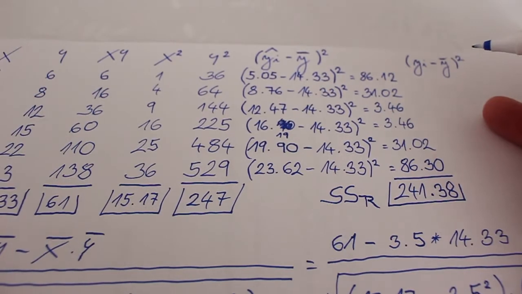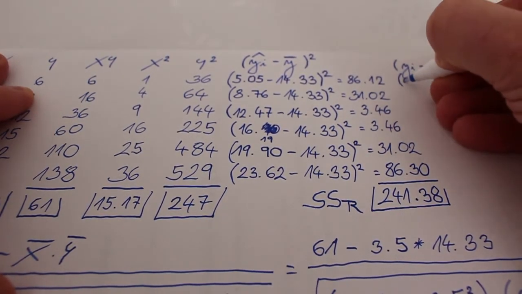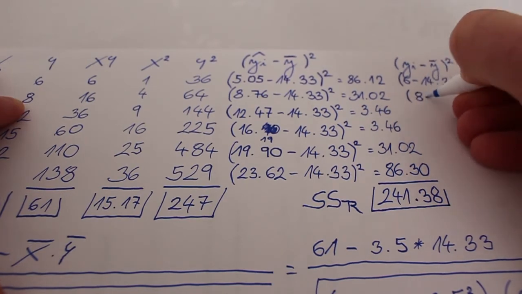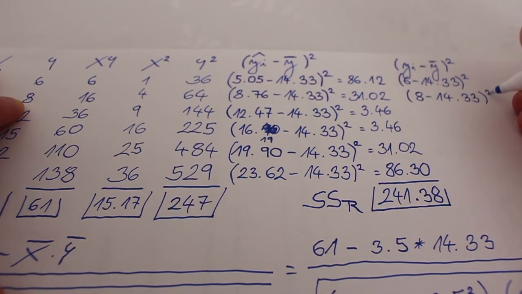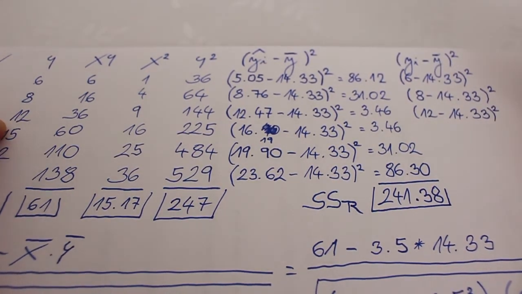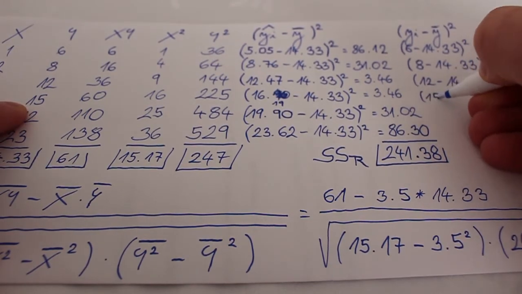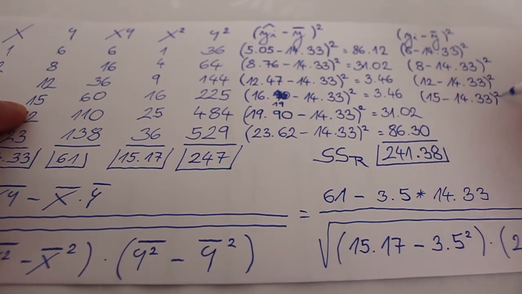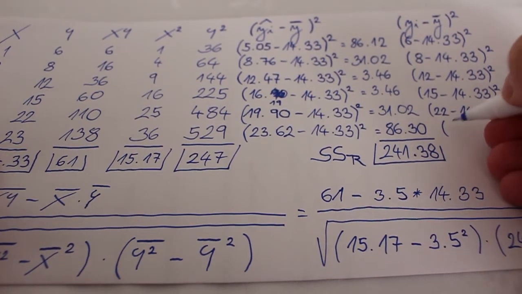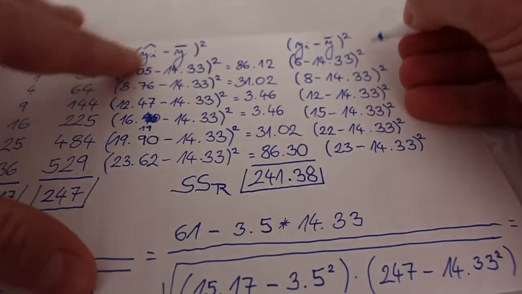So empirical values from this column minus the mean: 6 minus 14.33 squared, 8 minus 14.33 squared, 12 minus 14.33 squared, next value 15 minus 14.33 squared, 22 minus 14.33 squared, 23 minus 14.33 squared.